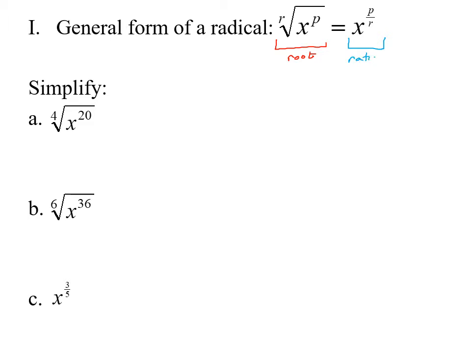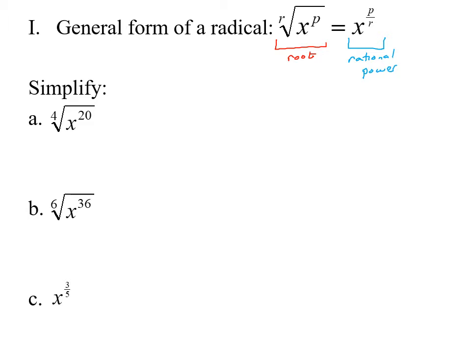What you want to notice is the power, the p on the inside of the root, becomes the top number on the fraction, and the r on the outside of the root, whether it's a cube root or a square root or whatever, they want you to put that as the bottom number under the fraction.